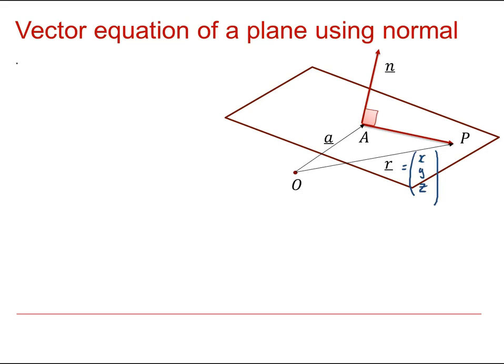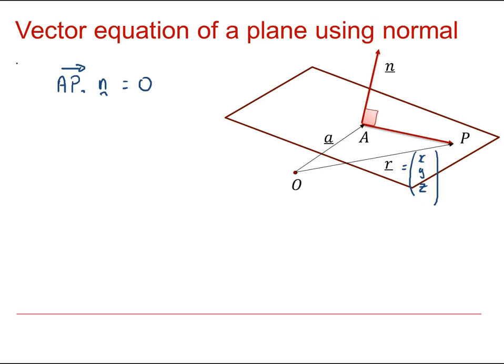If n is a normal to the plane, then from what we just said, the vector AP, which is in the plane, must be at right angles to that, and therefore we can say that the dot product AP dotted with n must be equal to 0.